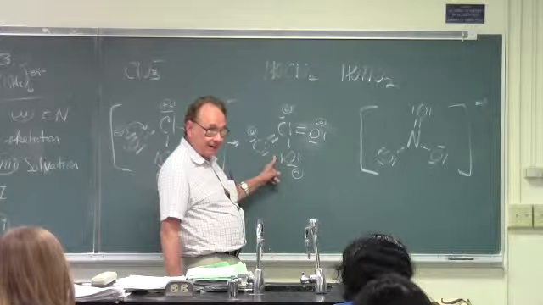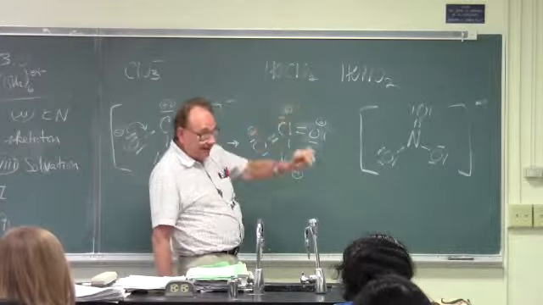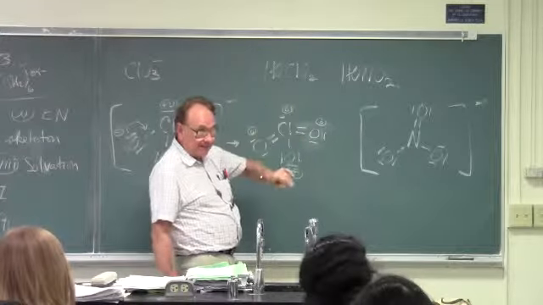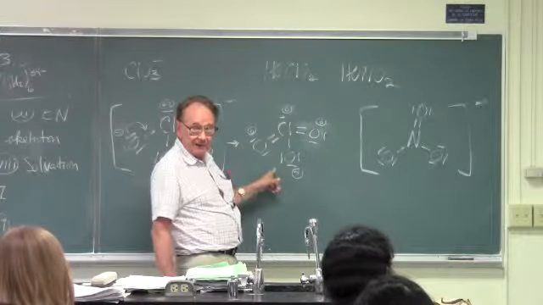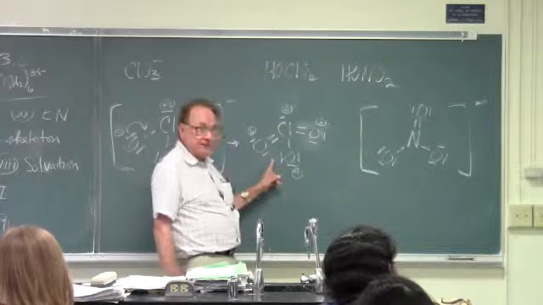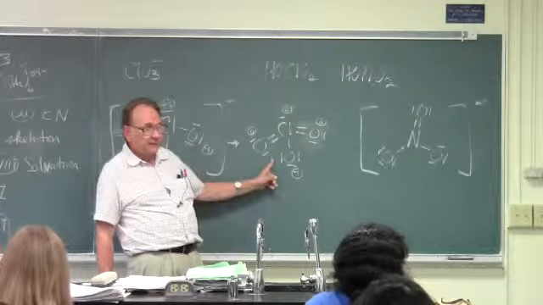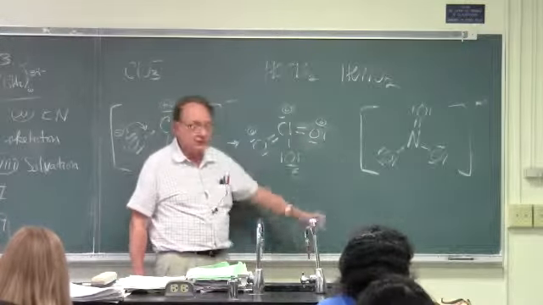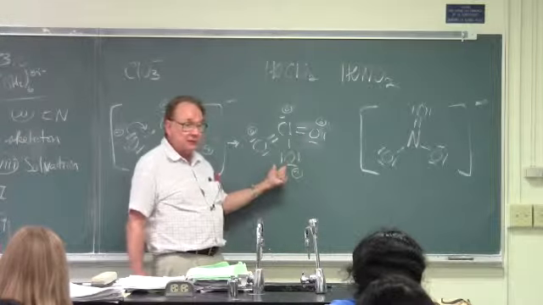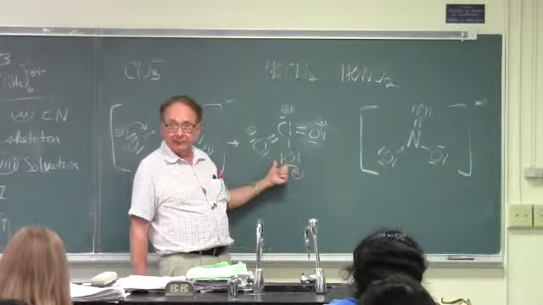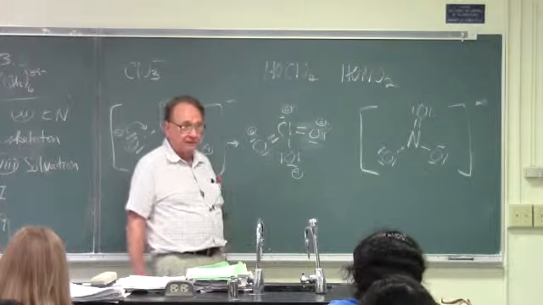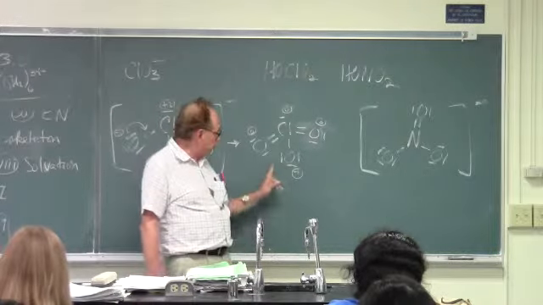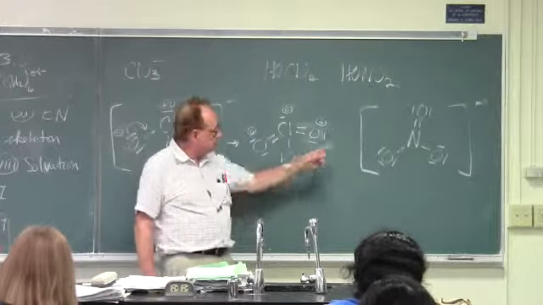Chlorine. Remember we coming down? Chlorine bigger. So if resonance for chlorate ion is as effective as resonance for nitrate ion, this should be the more stable base, because now I'm smearing the minus charge over a larger surface, because chlorine's bigger than nitrogen, which makes this ion in total a larger species than that ion.